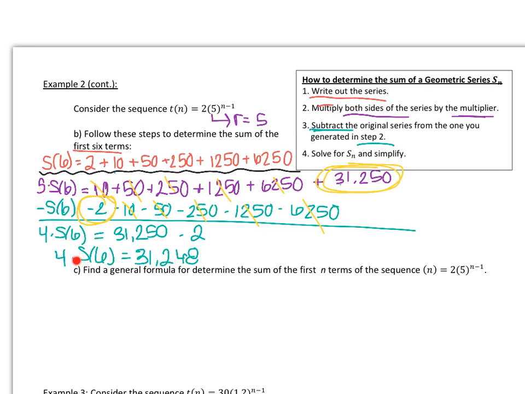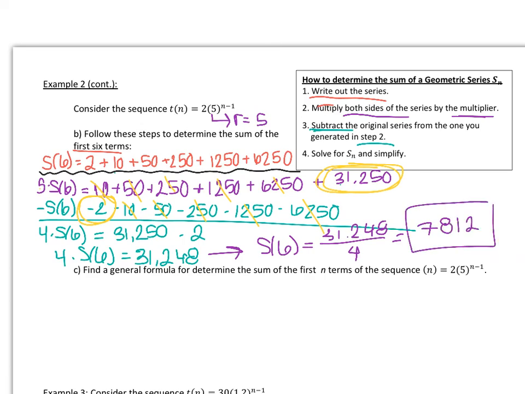So now I'm at the point where I know that 4 of those sums would be 31,248. So then all you have to do is divide both sides of that equation by 4, and then you get the sum of the first 6 terms. So 31,248 divided by 4, and you get 7,812.